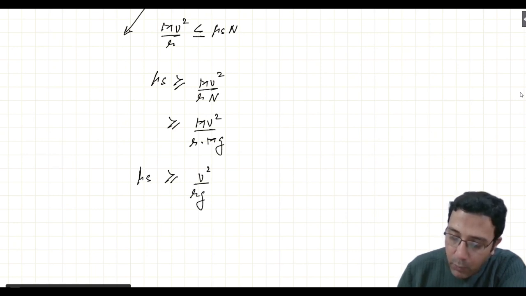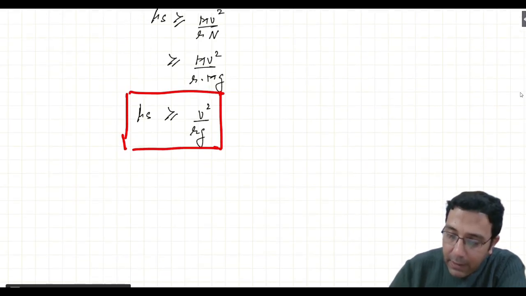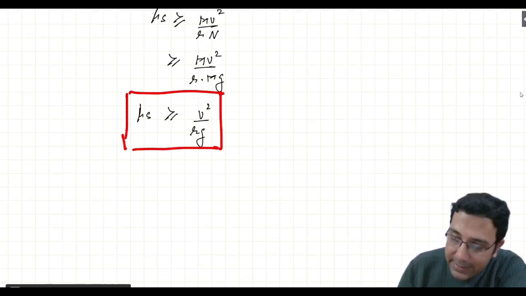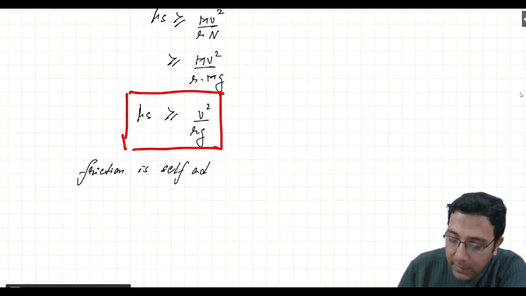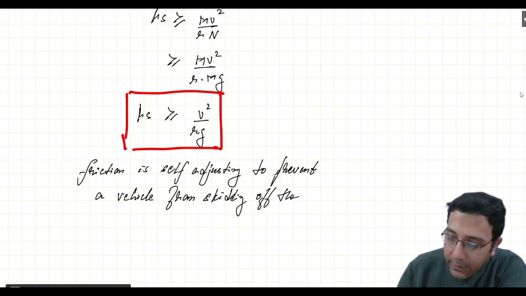So this will be mu s. That is a very important part for circular motion. So here we can write that friction is self-adjusting to prevent a vehicle from skidding off the track.